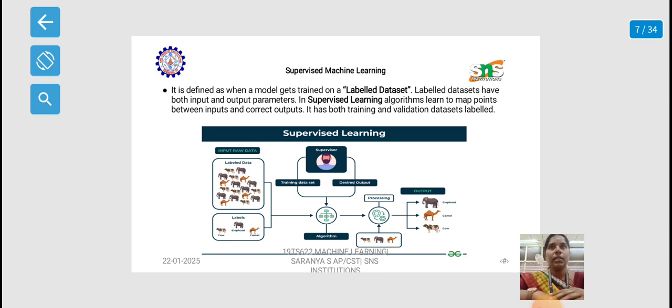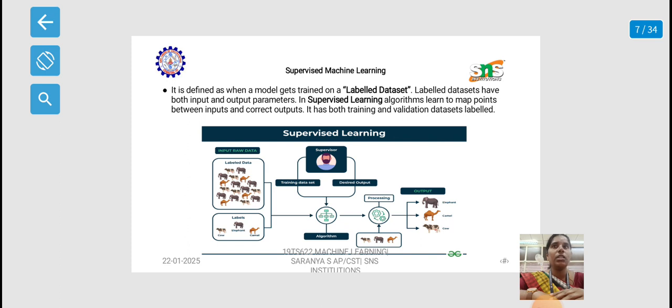Supervised learning, as the name indicates, has the presence of a supervisor as a teacher. Supervised learning is when you teach or train the machine using data that is well labeled, which means some data is already tagged with the correct answer.